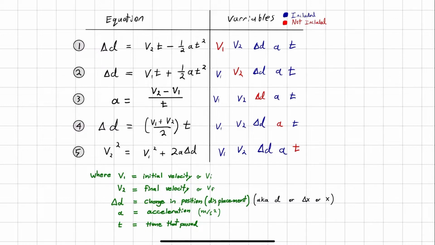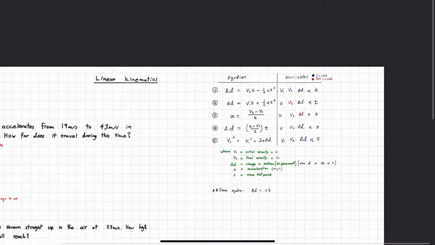So which equation covers all four of those? And if you said equation 4, you would be correct. So we got V1, V2, displacement, and a time. In this question, we're not given an acceleration, and we don't care about acceleration in this problem. So equation 4 is the one we're going to use.